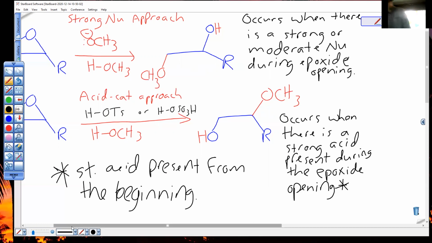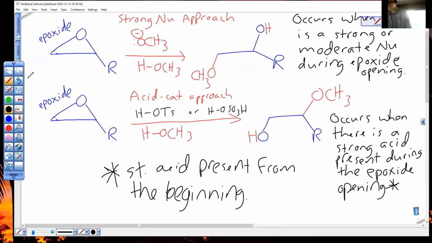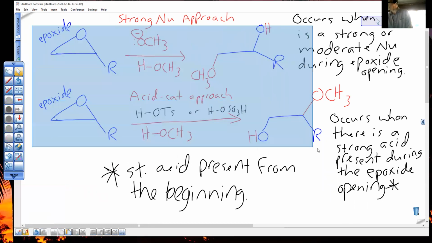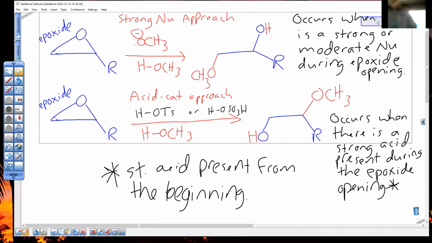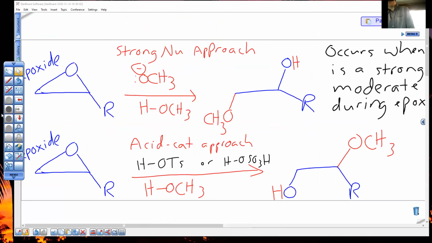Okay, so we'll look at the mechanism for these two. I wish I copied this before I started writing all over the place. Get a new page going. Not much to get rid of after all.